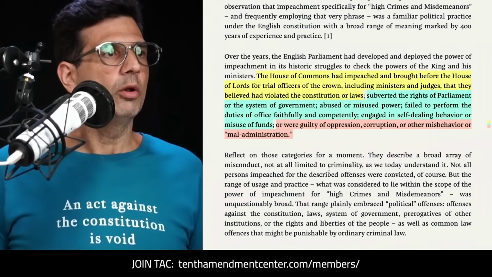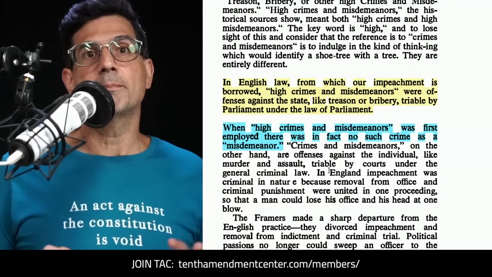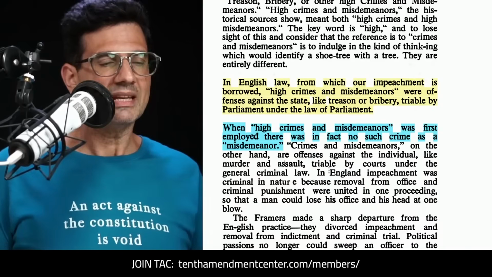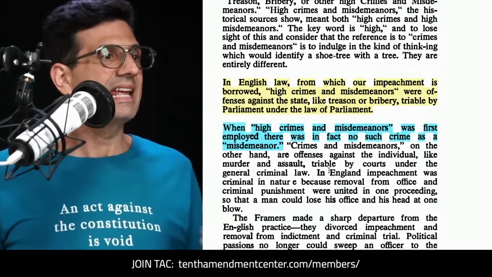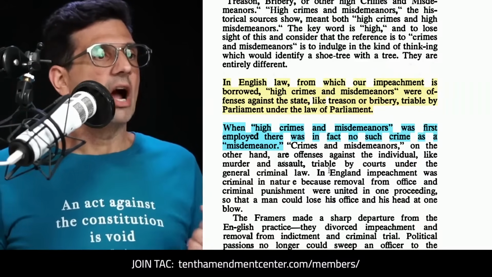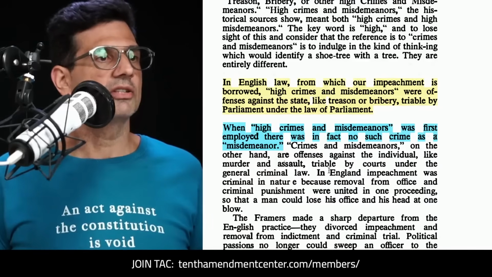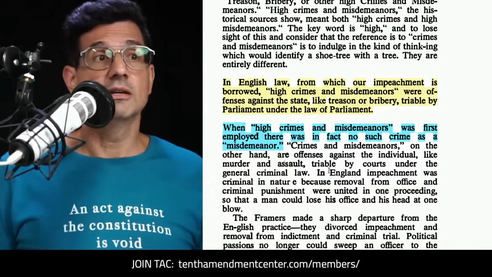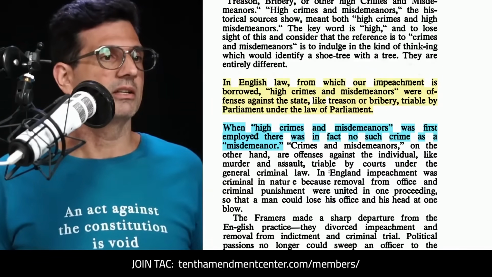And here from Raoul Berger, rest in peace, Raoul Berger's great book on impeachment from the 1970s, like '73 or '74, he explained why the phrase was so important. He said, in English law, from which our impeachment is borrowed, high crimes and misdemeanors were offenses against the state, like treason or bribery, triable by Parliament under the law of Parliament.